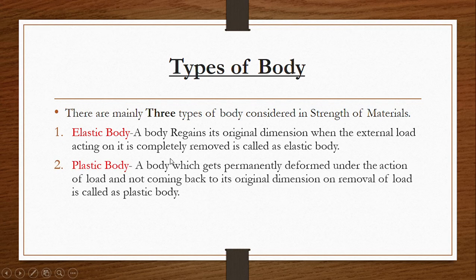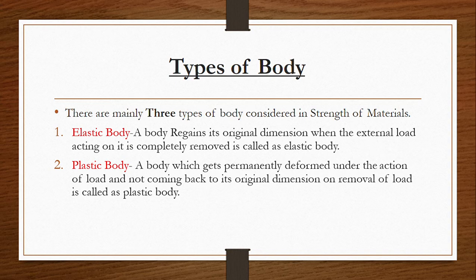The second one is the plastic body. A body which gets permanently deformed under the action of load and does not come back to its original dimension on removal of load is called a plastic body. We can say clay: we can give any size or any shape to that body.